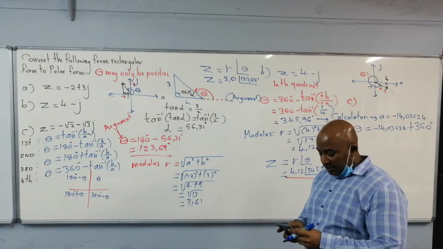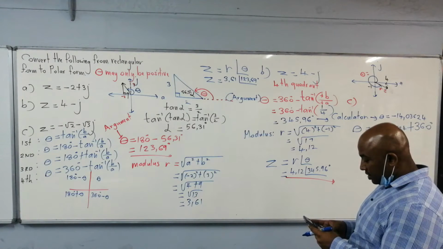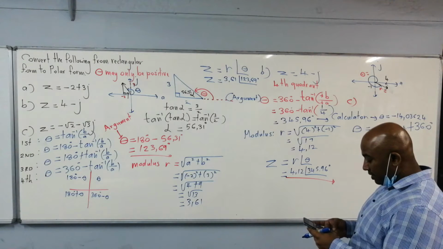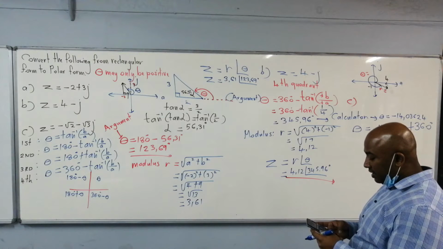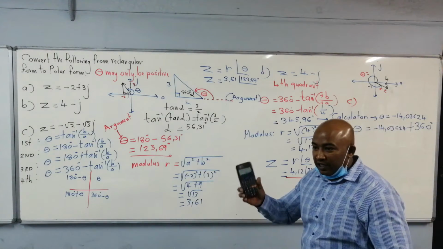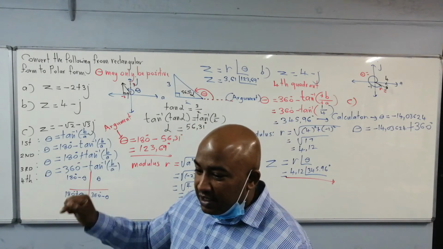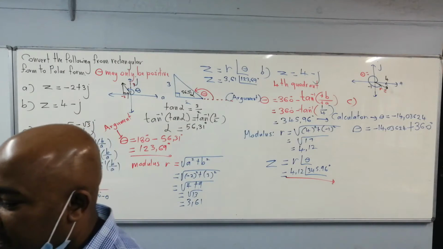So we're going minus 14,03624 plus 360 degrees, and then you get 345,96. So if your calculator gives you a negative, write it down and then add 360, and you get your answer one time.